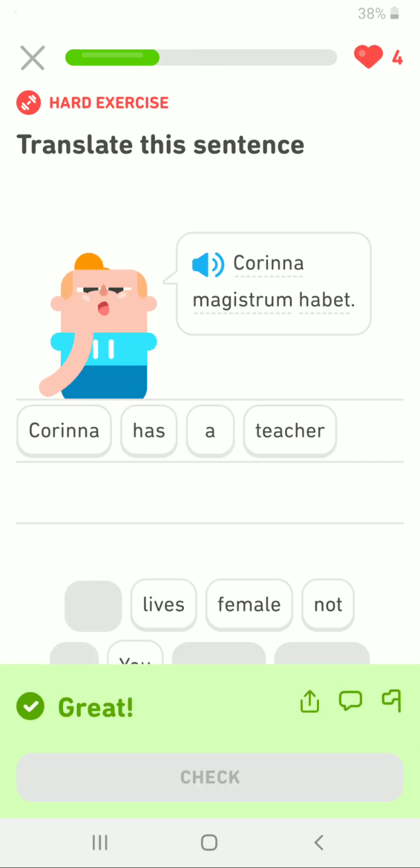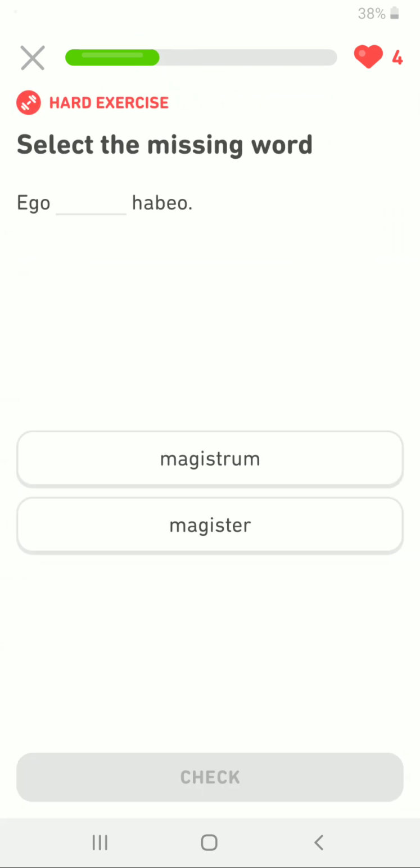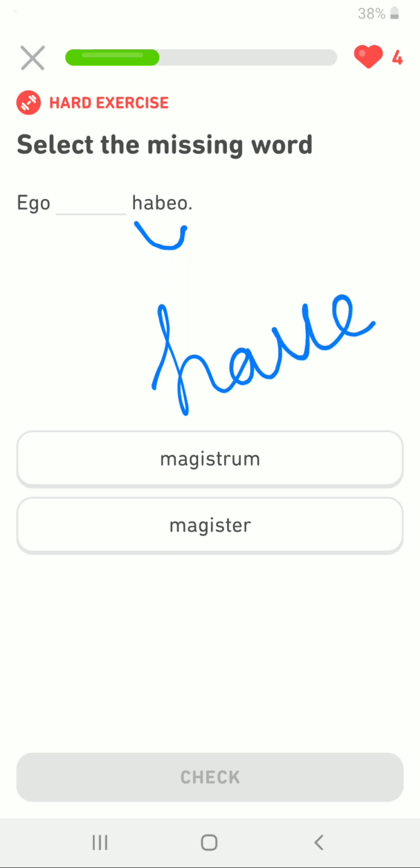Ego, I, habeo, have. What do I have? It would be an object, of course. So what is this object? It is magister.